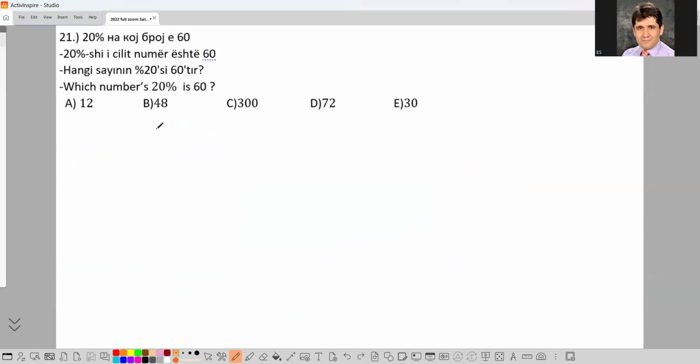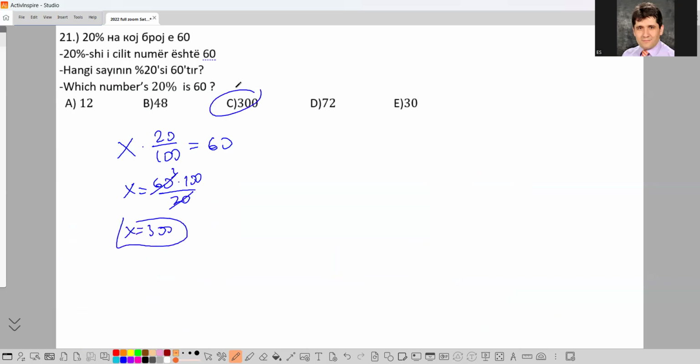Which number's 20% is 60? So a number x, 20% of that number should be 60, which means x is 60 times 100 over 20. Cancel, cancel. 3x is 300.